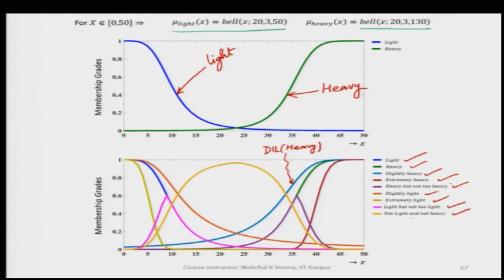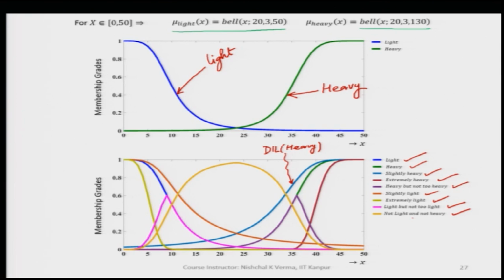So, this way we see that when we have primary terms, primary fuzzy sets, then we can obtain suitable composite linguistic terms, and thereby their representations as fuzzy sets, very easily. Light and heavy in our case are primary terms, and then we have found slightly heavy, extremely heavy, heavy but not too heavy, slightly light, extremely light, light but not too light, not light and not heavy.